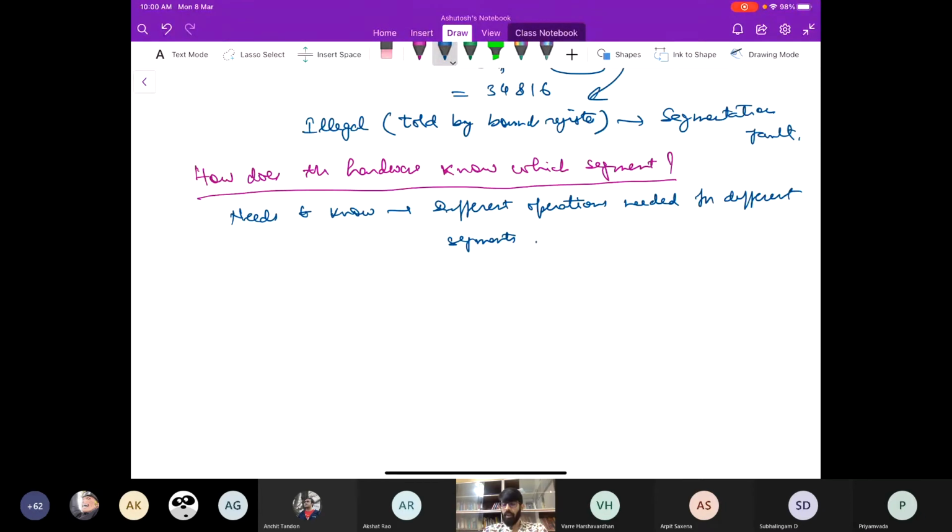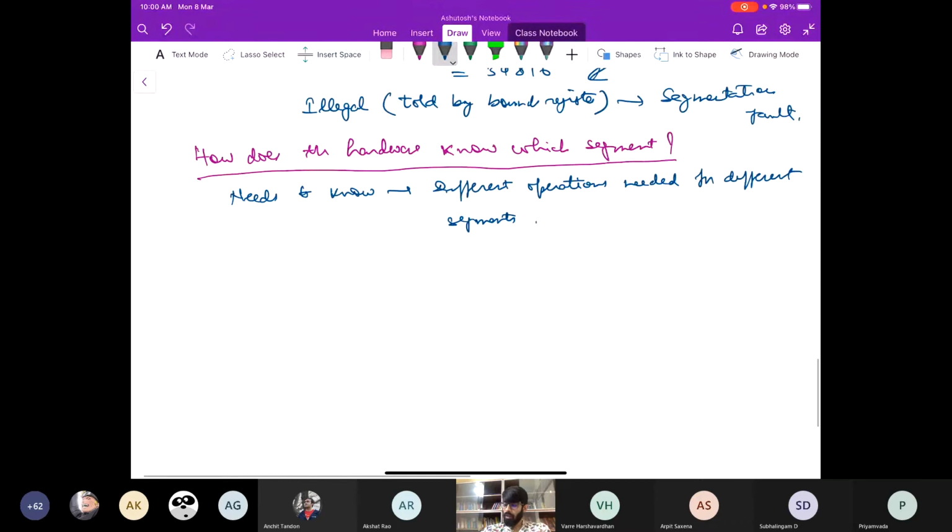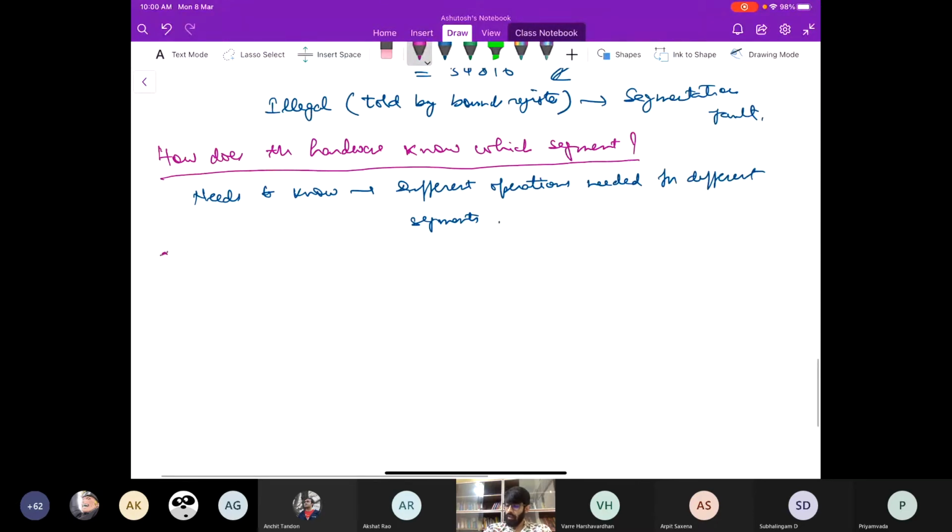So one approach is called the explicit approach, where the address itself will contain information about which part or which segment of the address space it refers to.